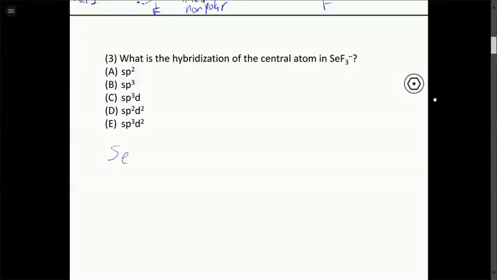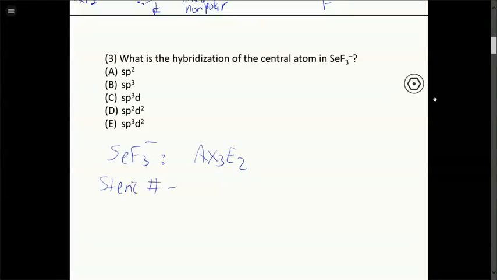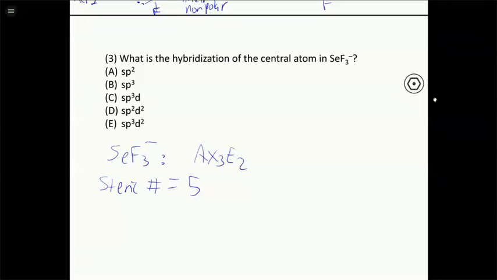As we saw in the first question, this is an AX3E2 molecule, and the steric number, or the total number of electron groups, is 5. Whenever you're determining hybridization, it is determined by the total number of electron groups, with no consideration for whether those are X's or E's or any combination of those. So anytime we have 5 electron groups, we're going to have the same hybridization.